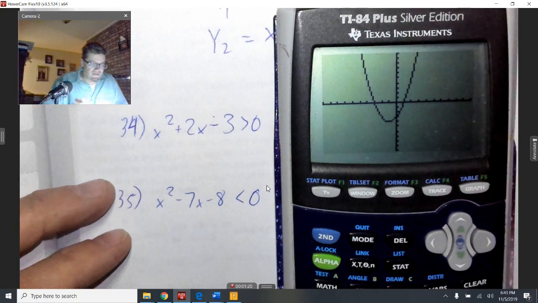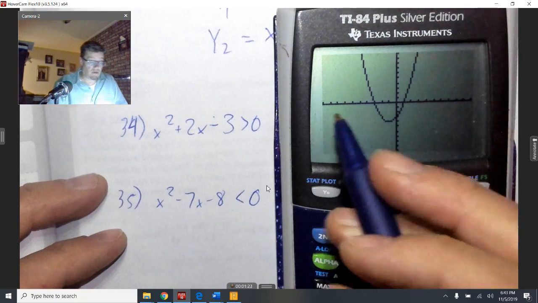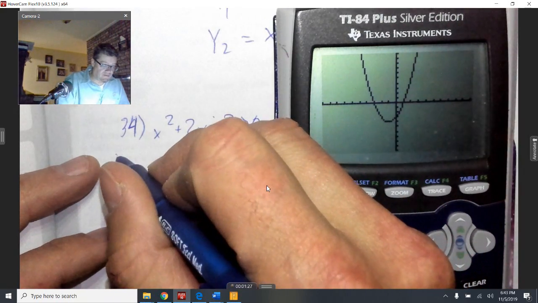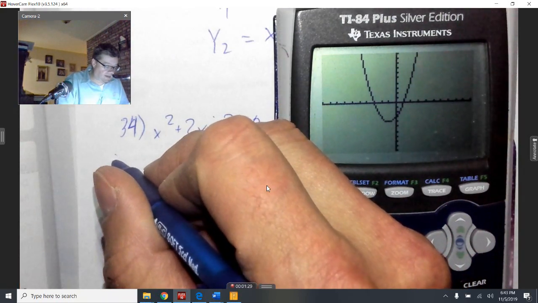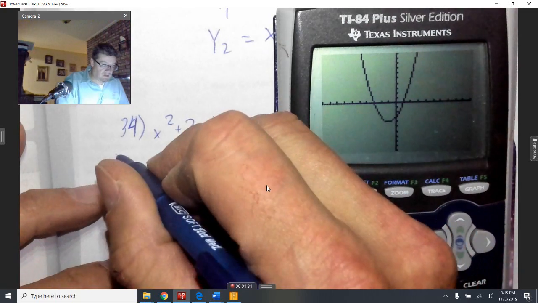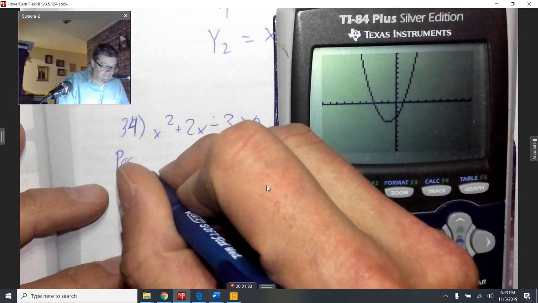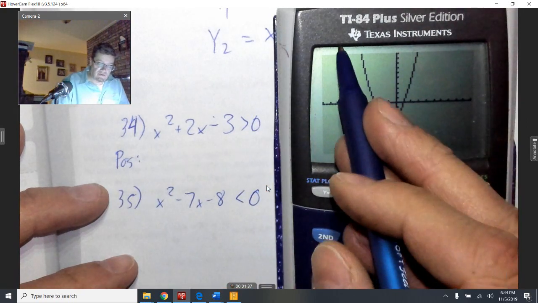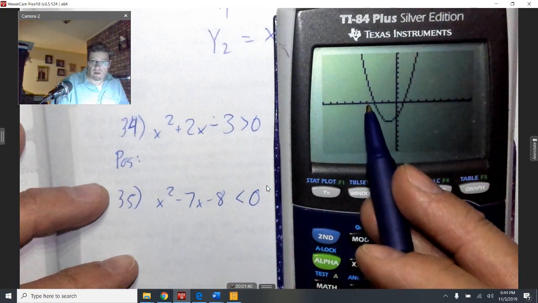And so what I have is two pieces, right? So this means that my interval for positive, greater, is from negative infinity all the way to negative 3.